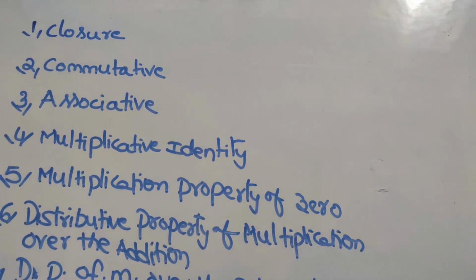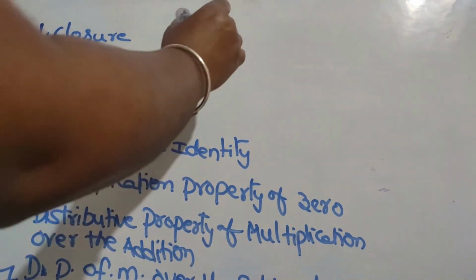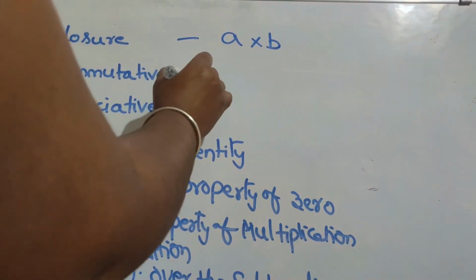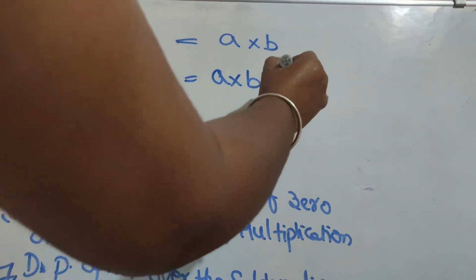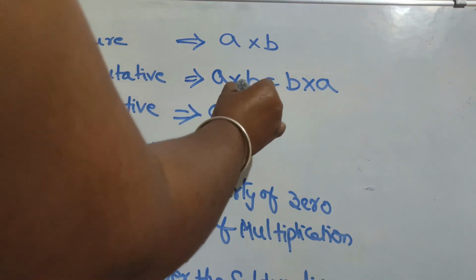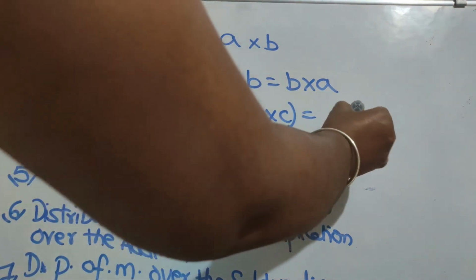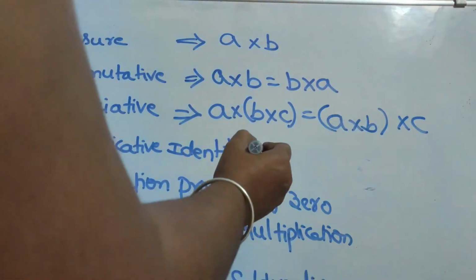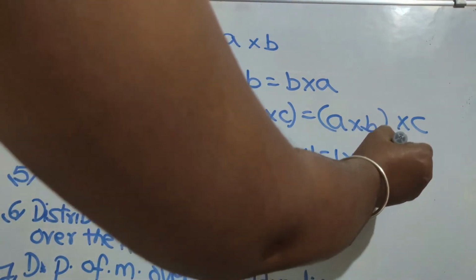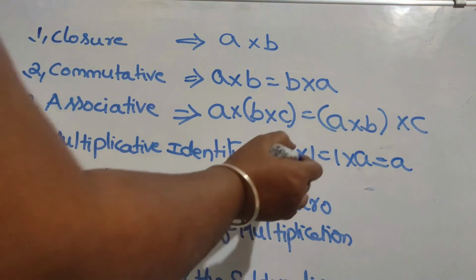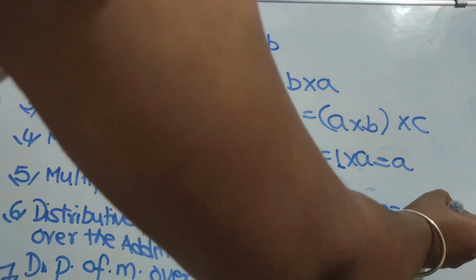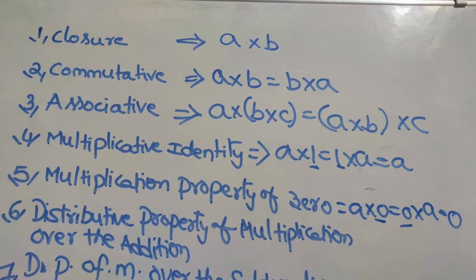These are the rules which I taught so far. Closure property: a, b are whole numbers, a into b is also a whole number. Commutative: a into b is equal to b into a. Associative: (a into b) into c is equal to a into (b into c). Identity: a into 1 is equal to 1 into a is a. 1 is the multiplicative identity, and a into 0, 0 into a is 0. 0 is the property of multiplication.